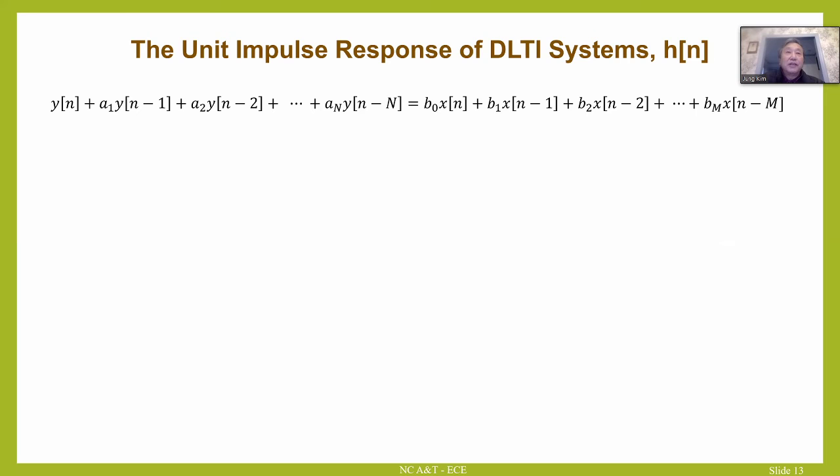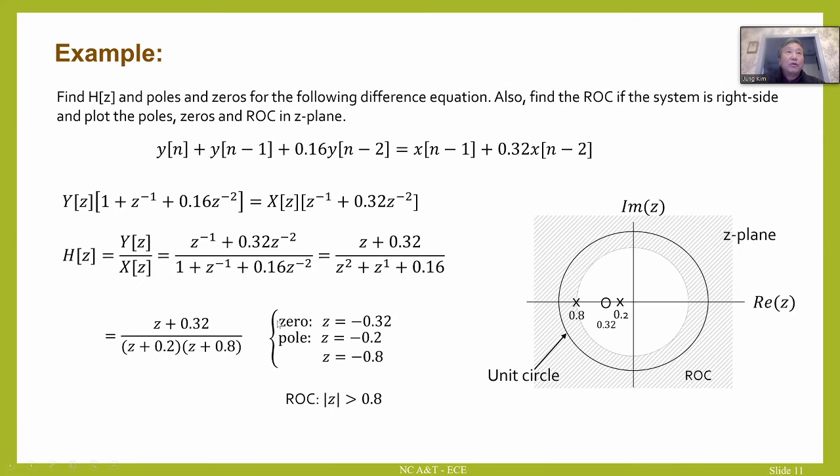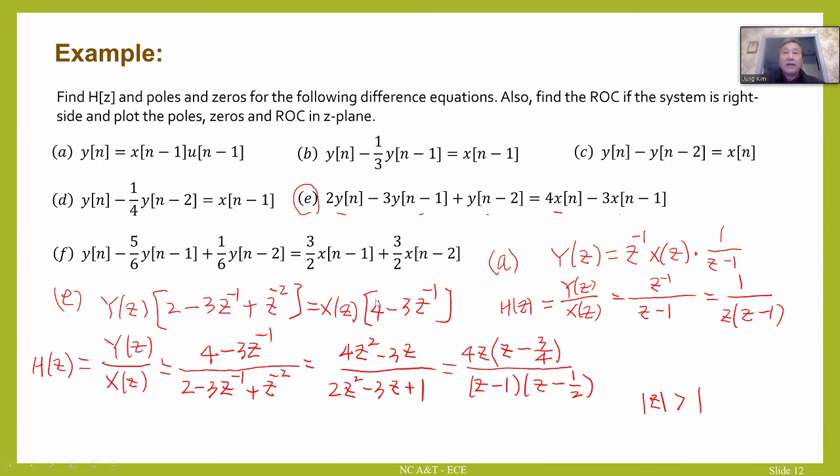So let's write it down. H of z was 4z, z minus 3 over 4, and then z minus 1, and z minus 1 over 2.